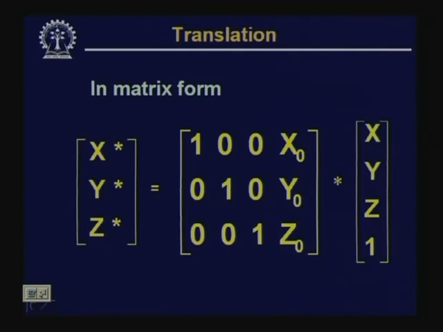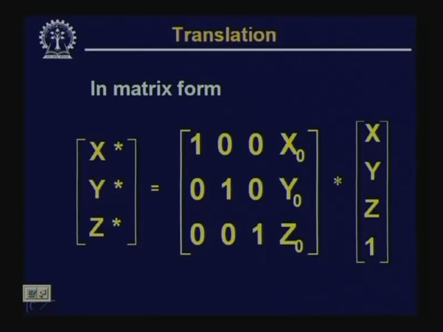This is a similar situation to what we saw in two dimensions, where we have to add an additional component equal to 1 to our original position vector x y z. So, our new position vector becomes x y z 1, which has to be multiplied with the translation matrix given by 1 0 0 x naught, 0 1 0 y naught and 0 0 1 z naught.